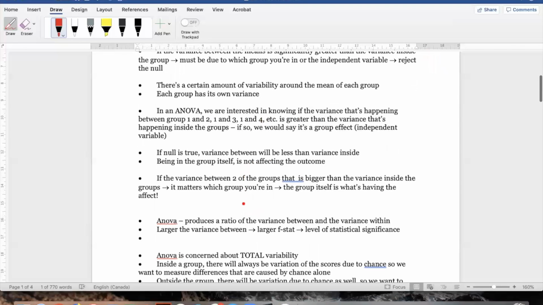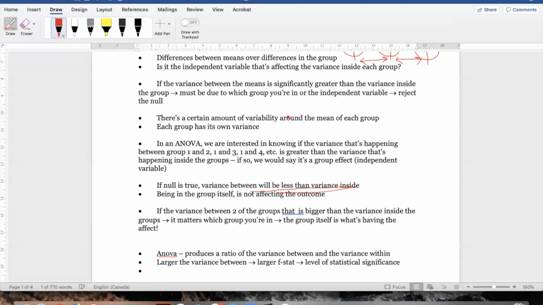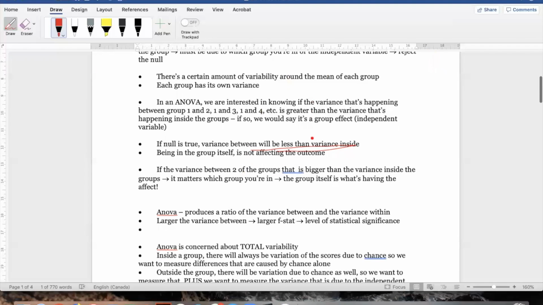If so, then we can say it's a group effect. So if the null is true, the variance between will be less than the variance inside. So again, when you're doing the question, you're going to have to come back and look at these again, just to double check.